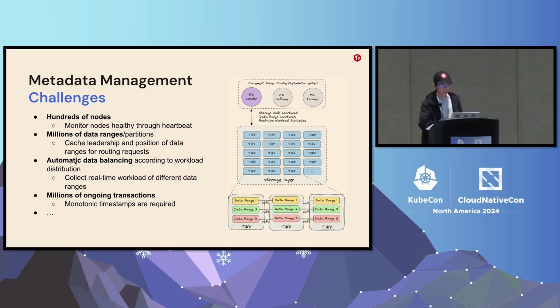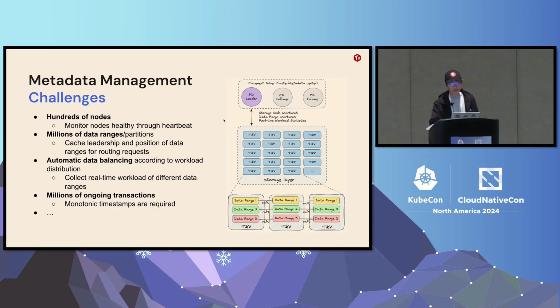Yeah, and PD can also monitor the workload of different data ranges. This happens when TiKV receives requests, and TiKV collects statistics from different data ranges and reports all these statistics in real time to the PD, to the metadata center.